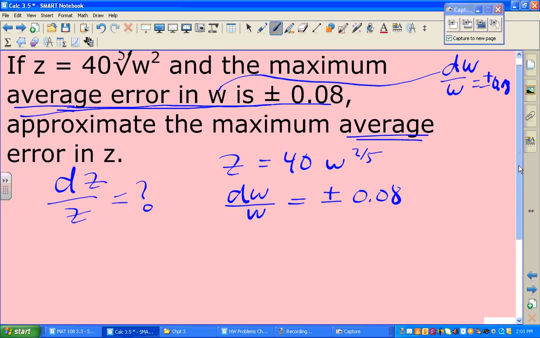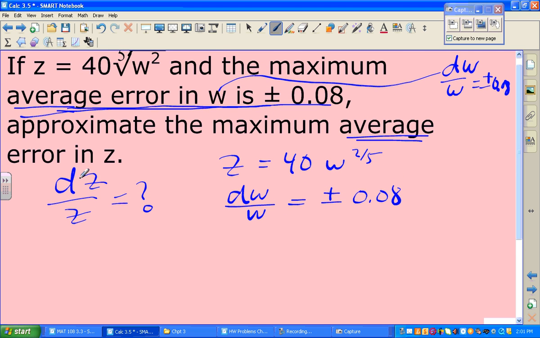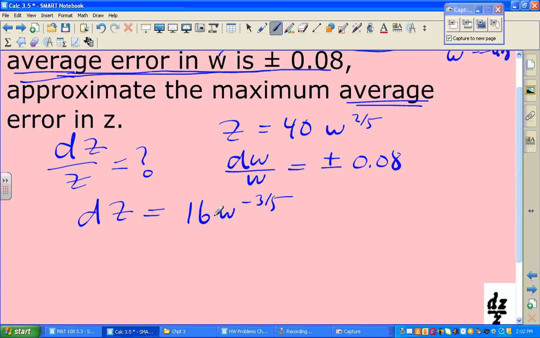So we go to what we're looking for. What's the derivative of Z? It's 16 W to the negative 3/5 times dW.